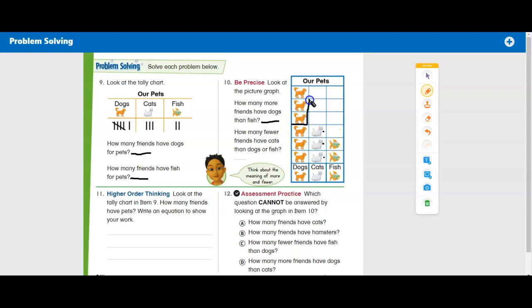There are 3 more dogs than cats, and 2 of the friends have fish. So we would need to add together the 3 extra dogs and the 2 fish and write our answer here. So what is 3 plus 2? And write it in the blank.